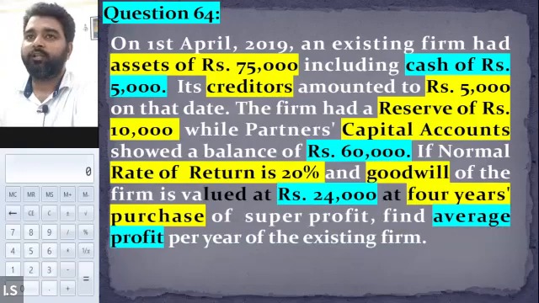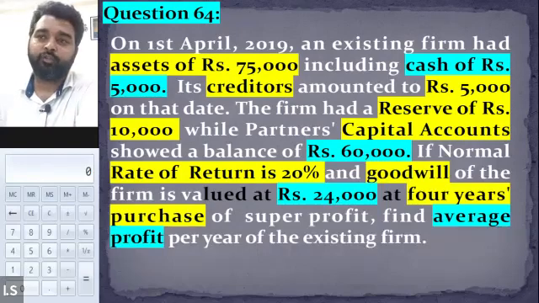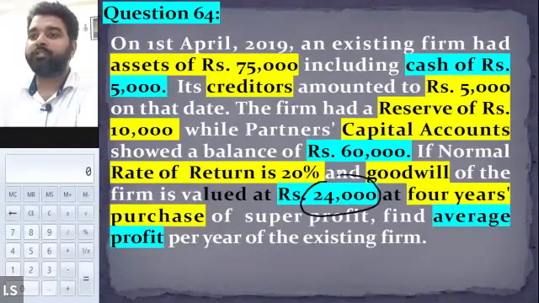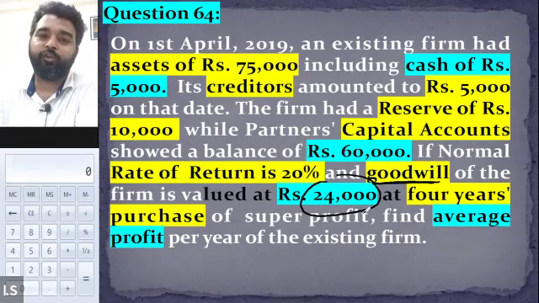So this question is a little different. This time we are not required to find out the goodwill. See, goodwill is already given in the question. Everyone is able to see that the goodwill is already given. 24,000 is the amount of goodwill that is already given. Goodwill of the firm is valued at 24,000. So what do we actually require to find out in this question?